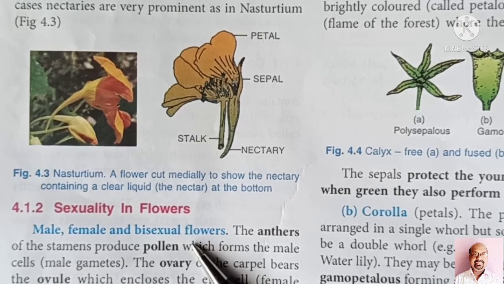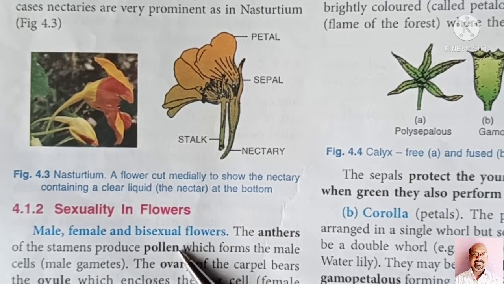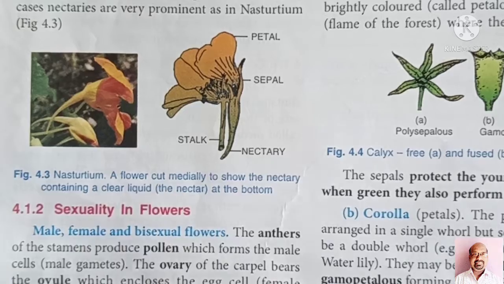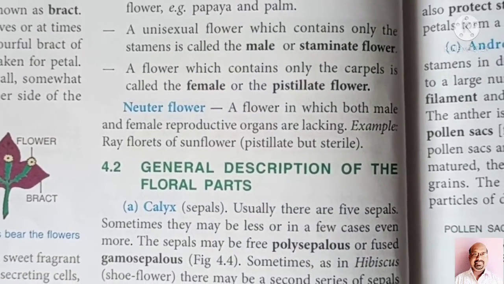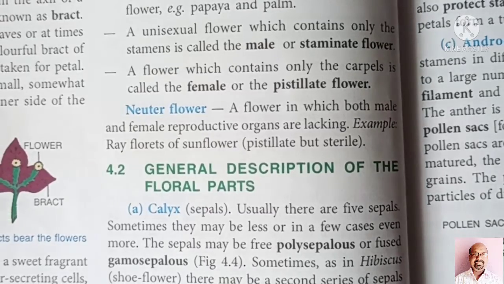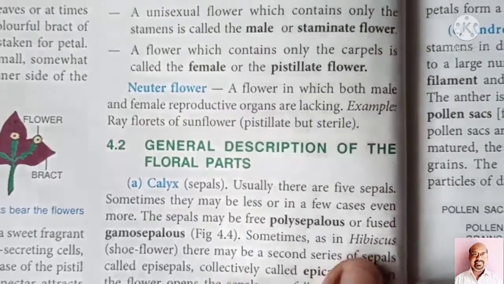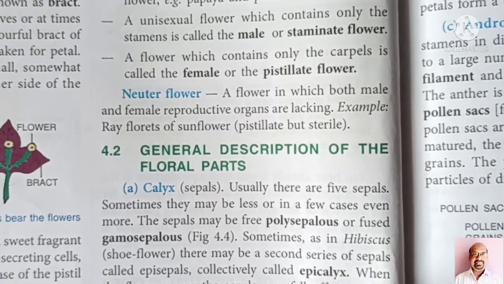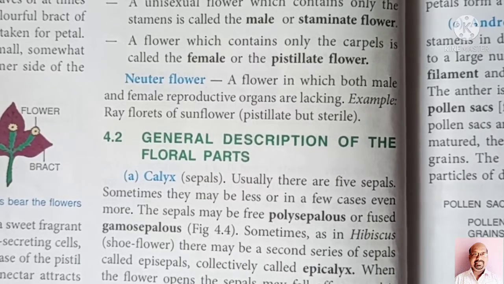But in bisexual flowers, both male and female organs are present. And in neuter flowers, both male and female organs are lacking, means neither male nor female organs are present. They are called neuter flowers.